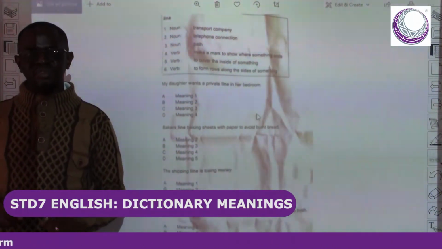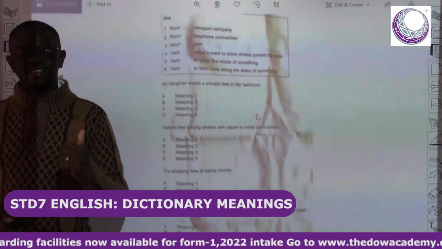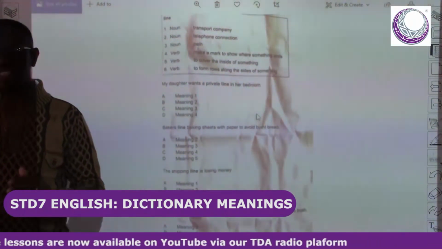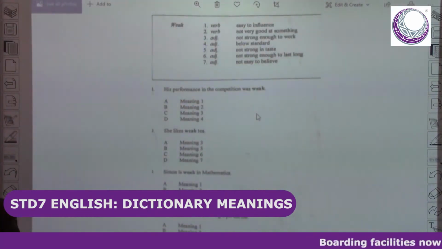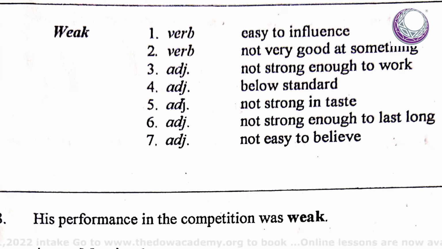And it's very important to understand to say they'll be used as a noun, sometimes they can be used as a verb, sometimes they can be used as an adverb, sometimes they can be used as an adjective. Okay, so let's move on to the next part of our lesson, where we have now the word weak.